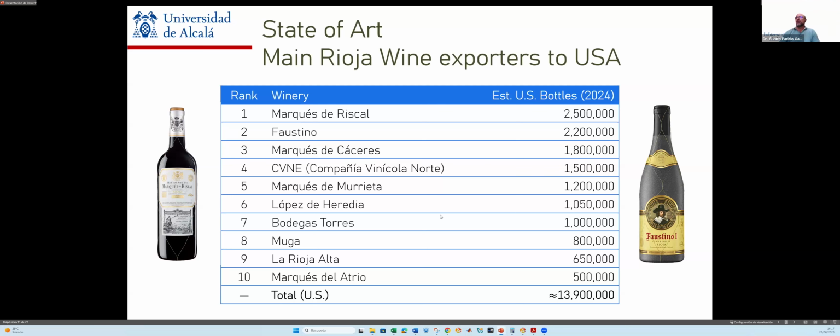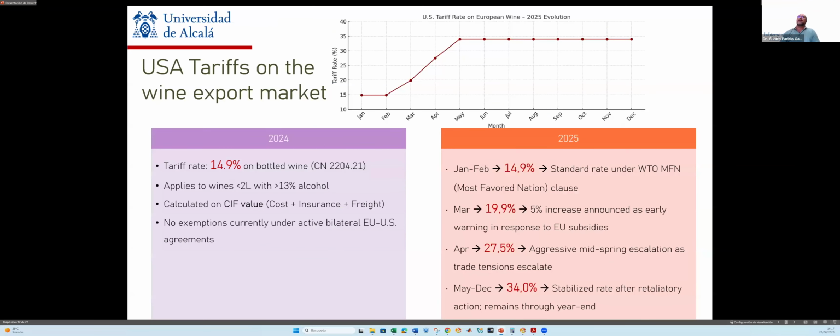It needs to consider the amount of business they are going to have and how it's going to happen. So, what were the changes in the wine market for the tariffs? Because I need to put all this information before we go into simulation, because this is what we are going to simulate.